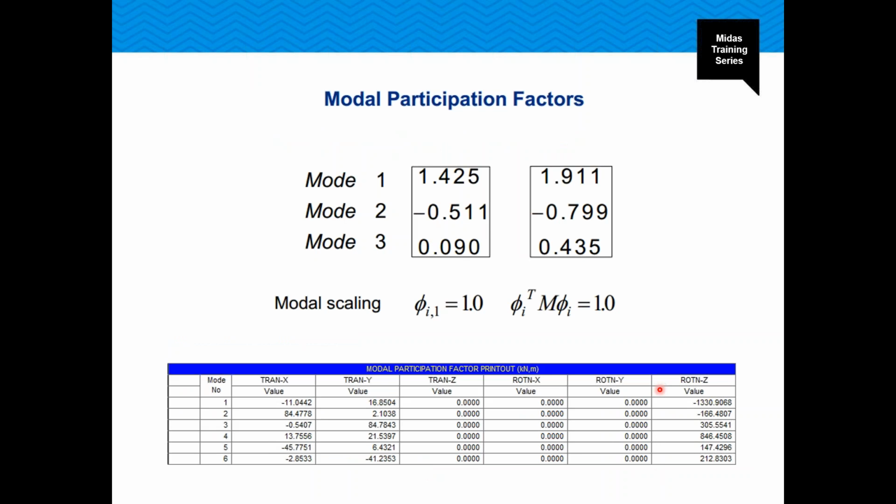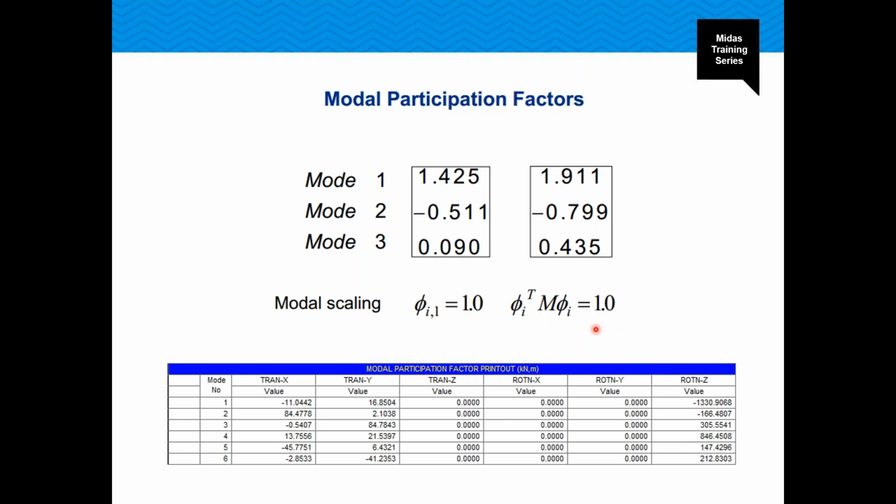The values of modal participation factors change depending on the scaling of the mode shape, or how the mode shape is normalized. Typically, two methods are used for the scaling of modes. The mode shape can be scaled with reference to the mode shape of the top floor, or it can be normalized by the mass matrix. The values of modal participation factors are different between different unit settings.